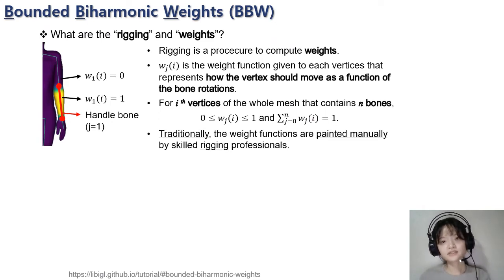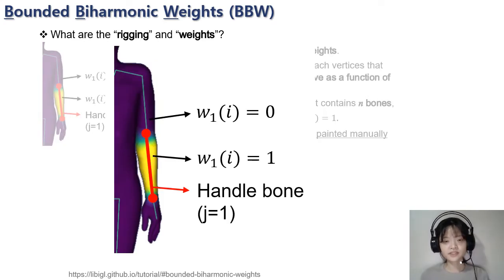Rigging is a procedure to compute weights, as written here. And the weight represents how a certain vertex should move as a function of bone rotations. For example, for the bone here in red, the weight of the yellow vertices would be 1, dark purple here would be 0, and the green part in this area would be 0.5.